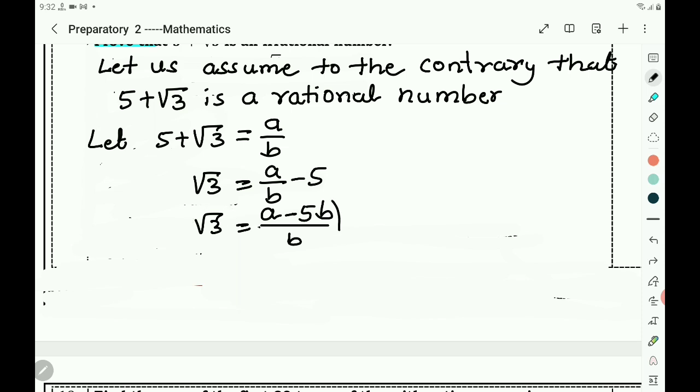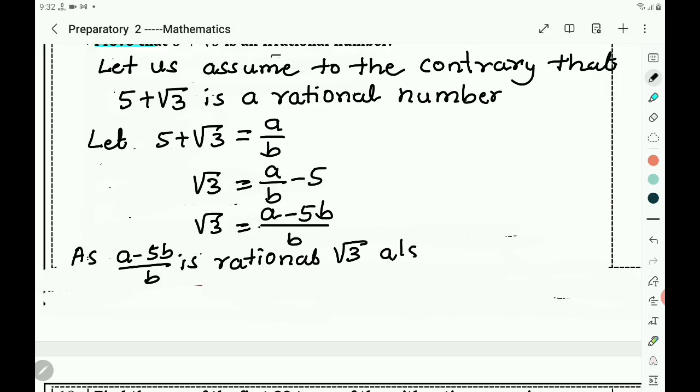As RHS a minus 5b by b is rational, root 3 must also become rational. Right? As a minus 5b by b is rational, root 3 also becomes rational.